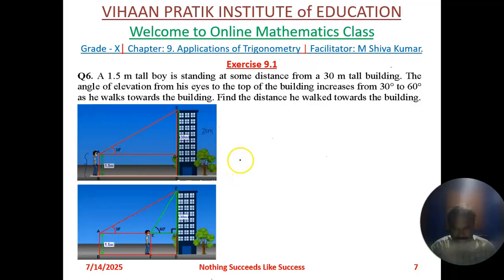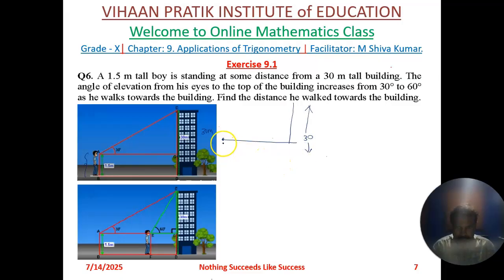So the same thing we'll try to draw here. There is a boy at this point. He is walking towards the tower. This is the tower. The height of the tower is 30 meters.